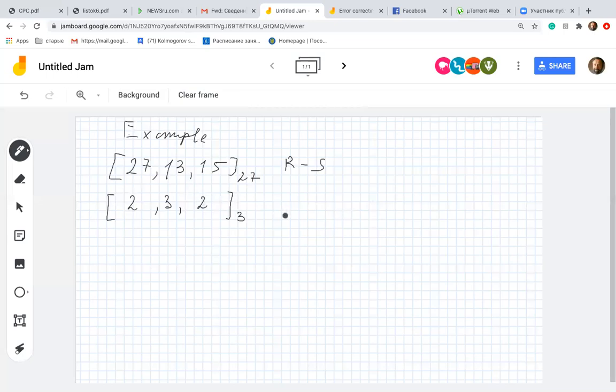Okay, and using the concatenation of that code, we obtain a code where the block length is 54, the dimension is 39, and the distance is 30.